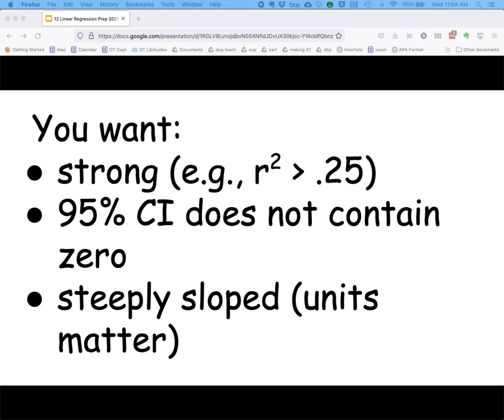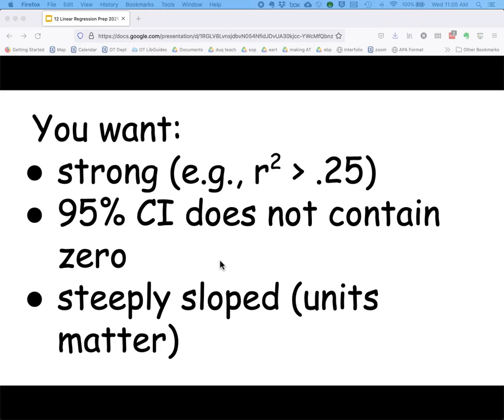So if you have the confidence interval, what you're looking for is, again, a strong R squared, so something greater than 0.25, a confidence interval that does not contain zero, and some sort of steep slope. So the confidence interval can be all positive or all negative, right?